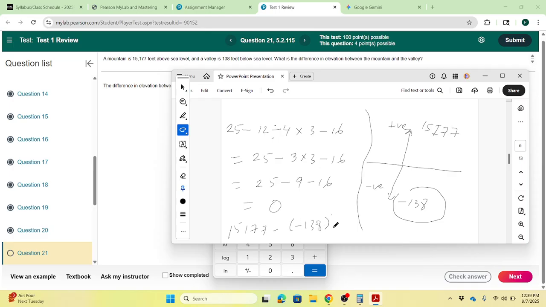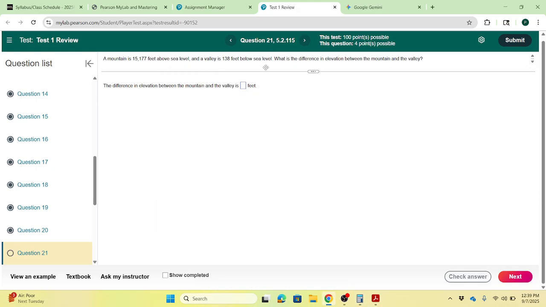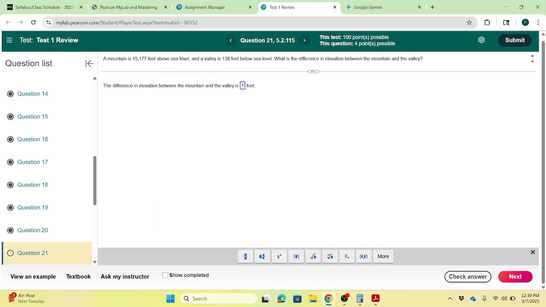So this minus and minus becomes plus. So actually you are adding 15,177 plus 138. That is the difference between these two positions, which is 15,315.